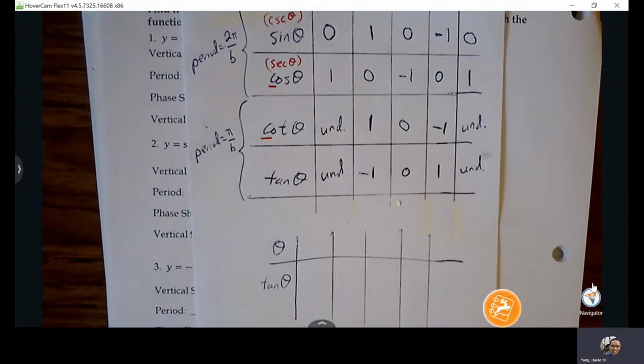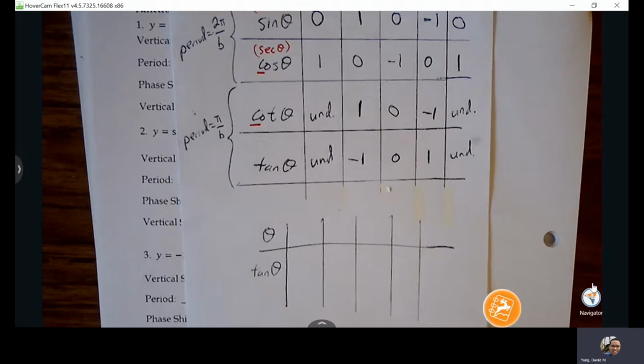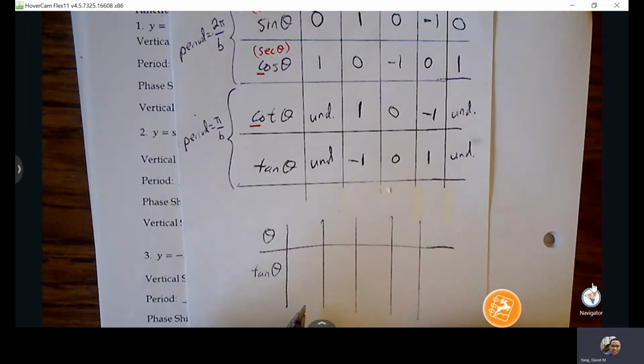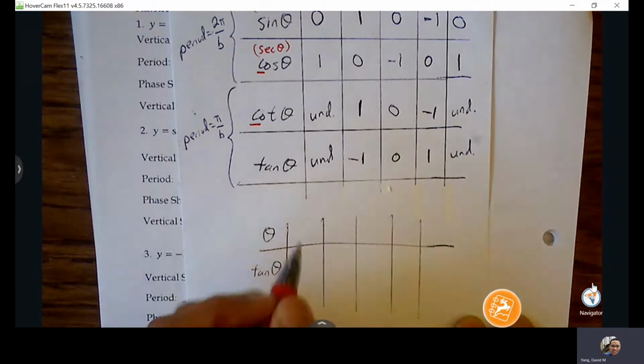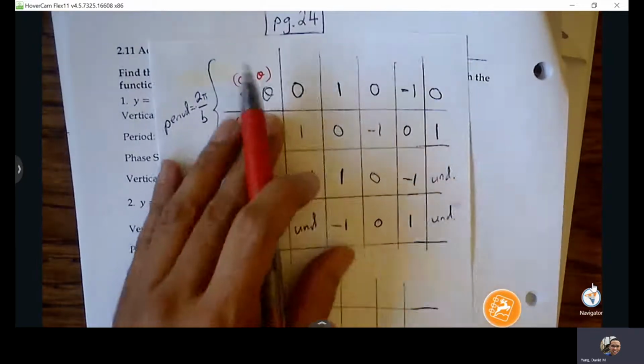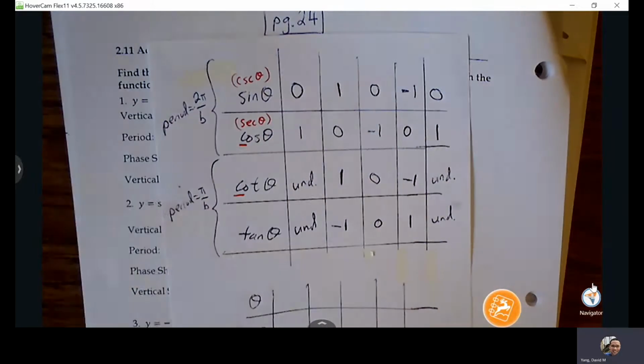And then there's also something a little unique with tangents in the sense that the full period for tangents doesn't start at 0. Well, it can start at 0, it just looks like it's broken up by the asymptote. So typically for all the other functions, we always start at 0 and add the interval to the right.